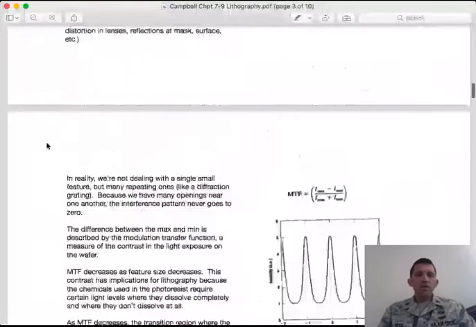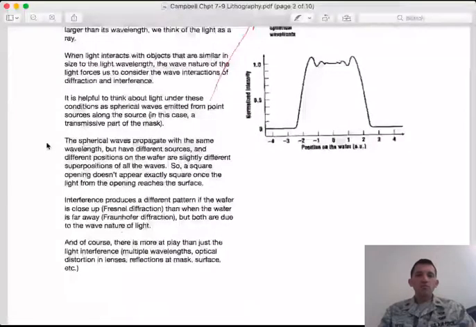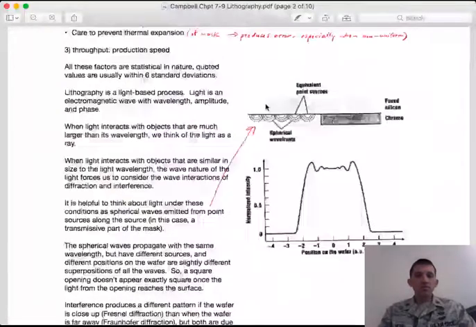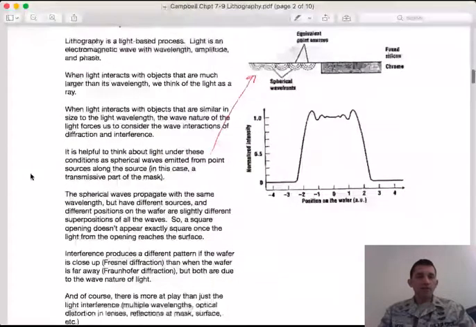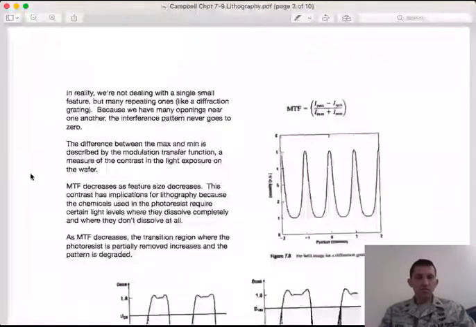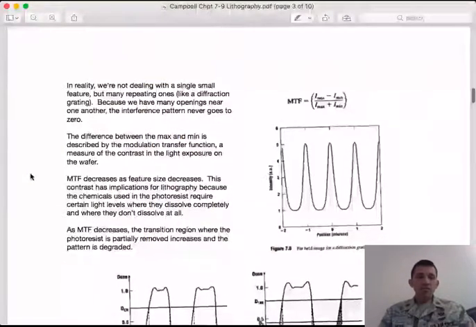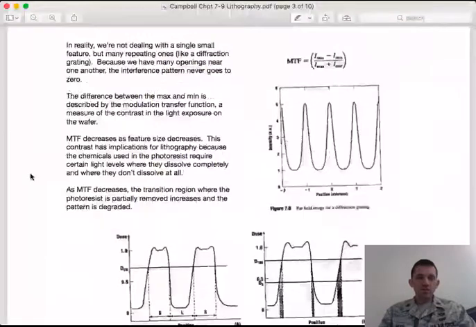And when we're performing microfabrication, we don't just have an isolated opening. We'll have an opening here, one here, one here, one here. If I'm trying to make thousands or millions or billions of the same device, then I'm going to have many, many, many of these features in very close proximity.